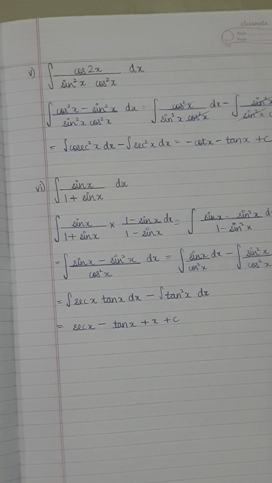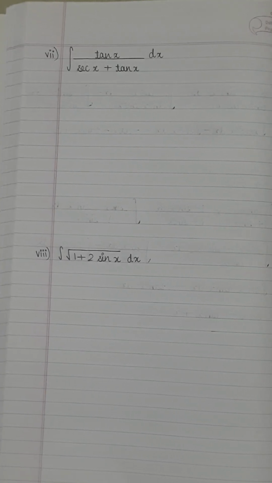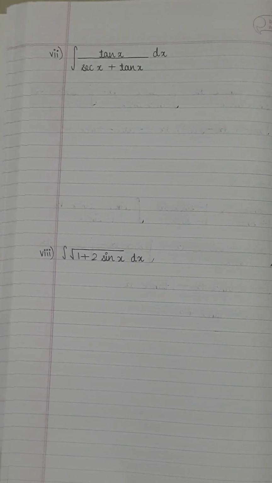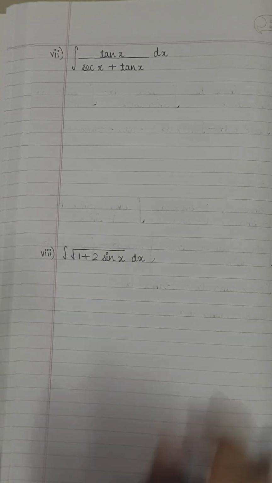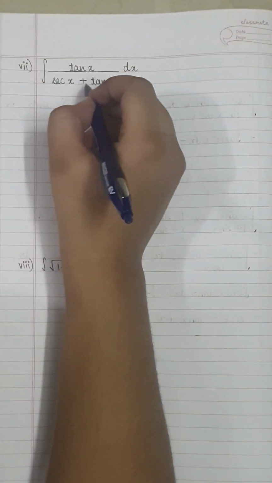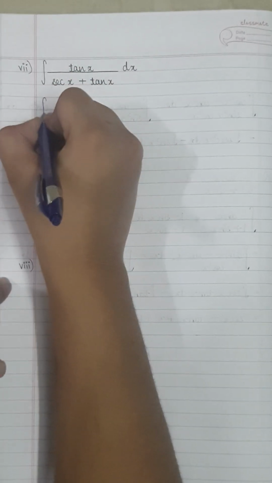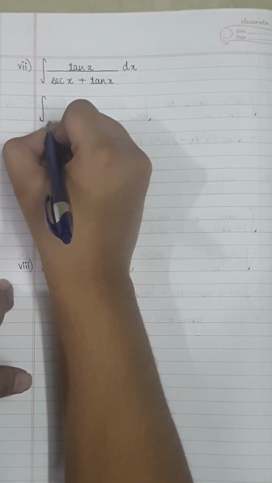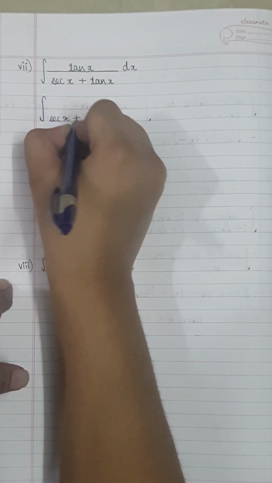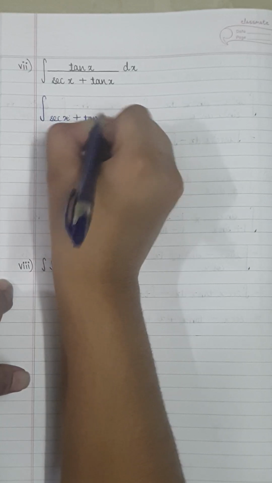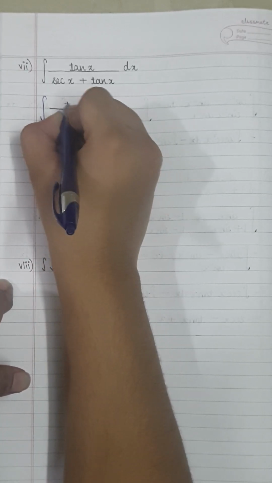Moving on to question number 7. So here's question number 7. Tan x by sec x plus tan x. Now sec x plus tan x, we can do the same thing we did in the previous question here as well. So you'll just multiply by its conjugate in the denominator. So you have sec x plus tan x in the denominator, tan x in the numerator.